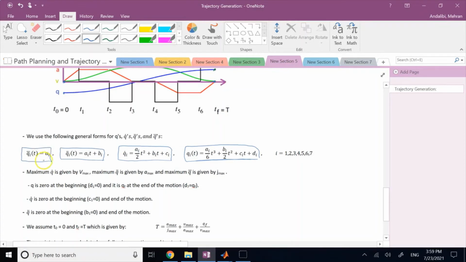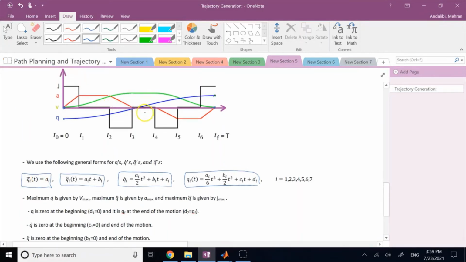Okay, now in some cases the jerk is 0, like between t1 and t2, between t3 and t4, and between t5 and t6. For all of these cases, jerk is 0. For some cases the acceleration is also 0, like between t3 and t4. Okay, velocity is never 0, but in one range it is constant, and that is between t3 and t4. Okay, so some of these A's or B's could be 0.